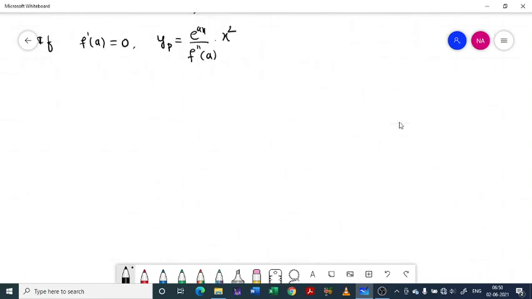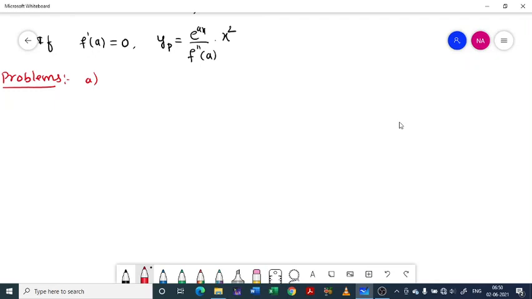Now let us start with the problems. As usual, solve the following differential equations. See, they don't mention whether this is of type 1, type 2, type 3 or not. You have to identify to which type the given equation belongs, then from that you have to find the solution.